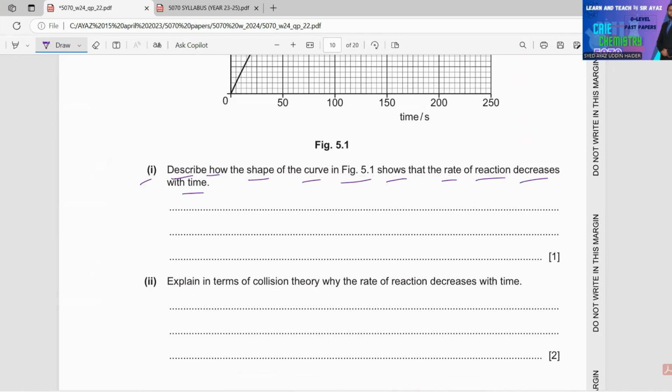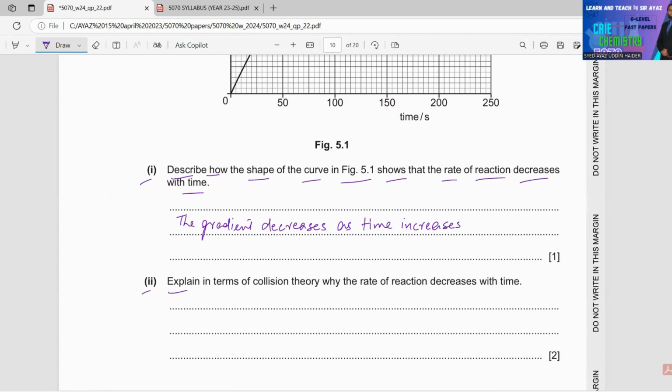So you write the gradient decreases as time increases.